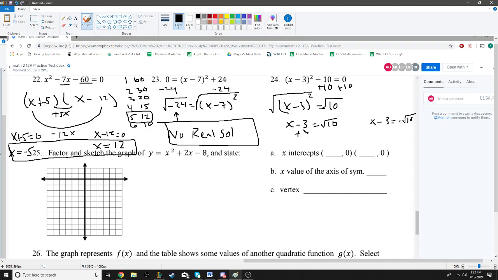When you add 3 to both sides, you get x equals 3 plus root 10. Add 3 to both sides, and you get x equals 3 minus root 10. So these are our two separate answers. You could condense them to make this x equals 3 plus or minus the square root of 10 if you wanted to make your answer a little bit more compact. But again, this is two separate answers.